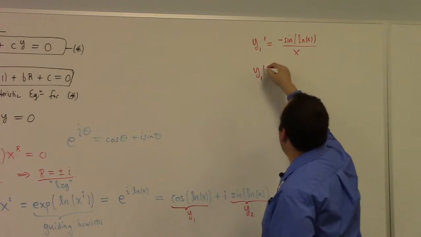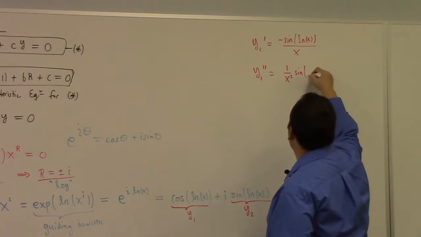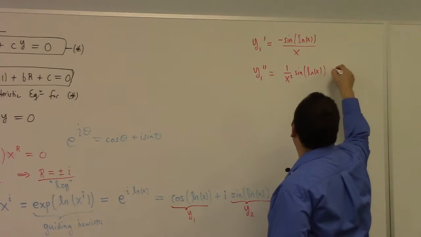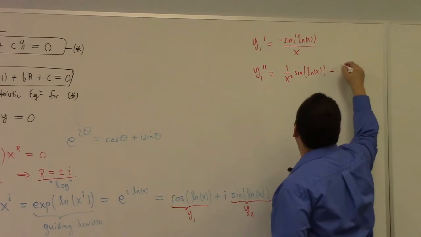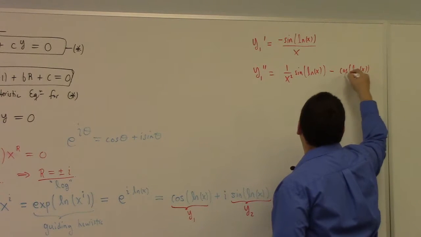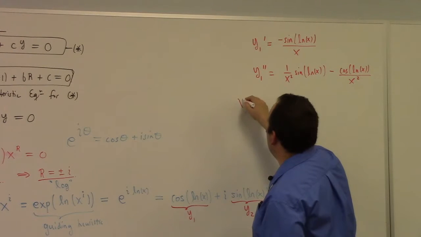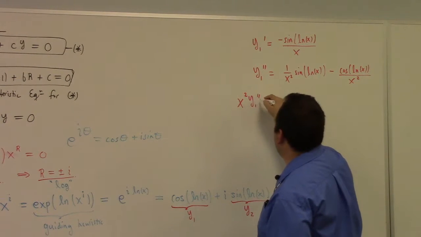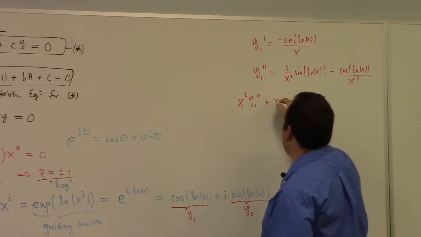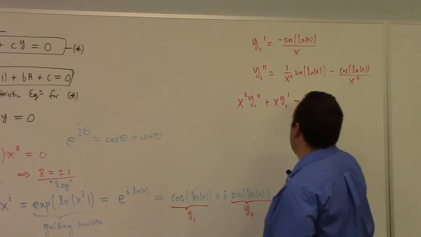And y1 prime prime is 1 over x squared sine log x minus cosine log x over x squared. So if you look at that, x squared y1 prime prime plus x y1 prime, let's see, what's that equal to?